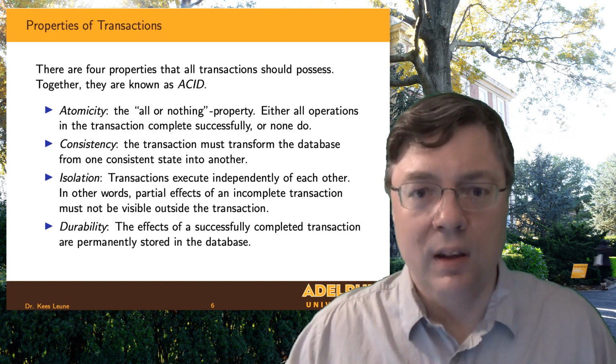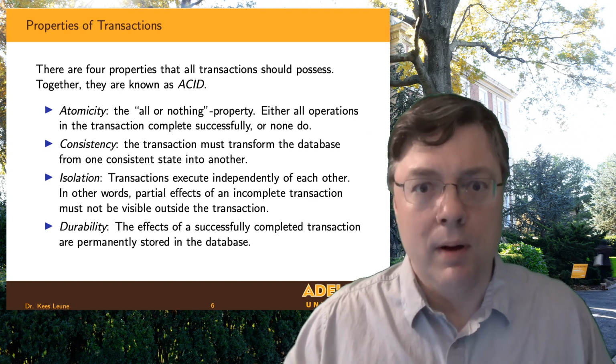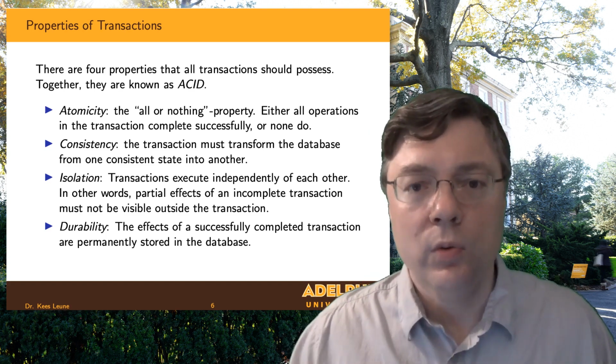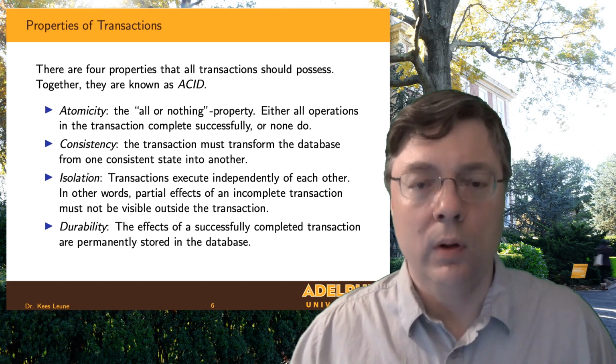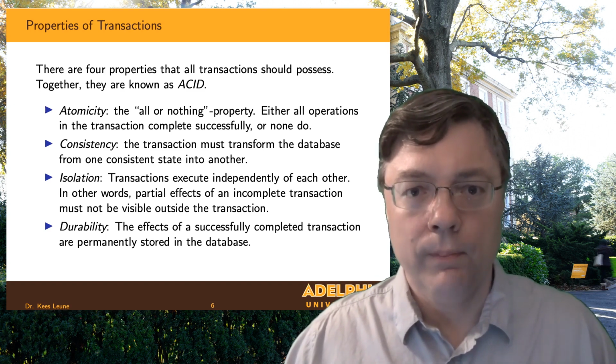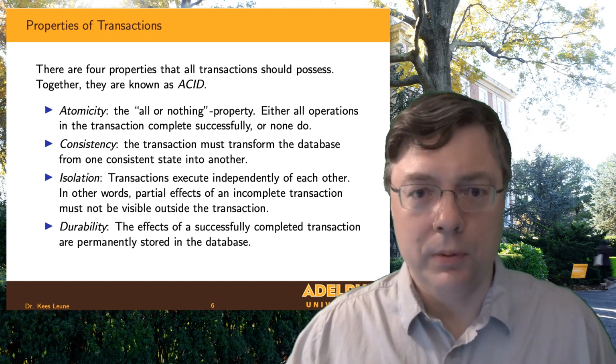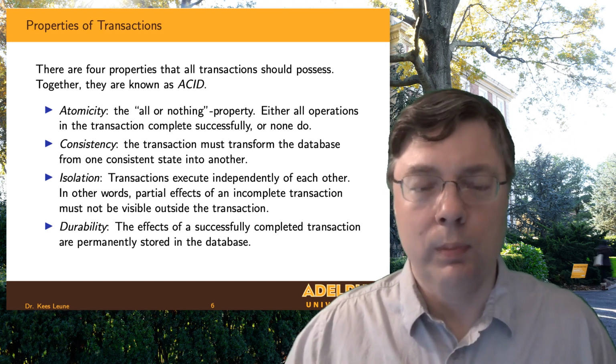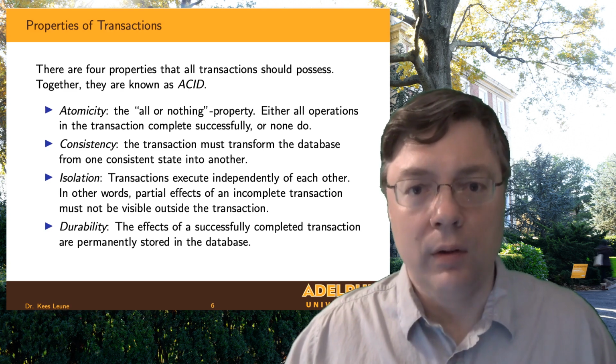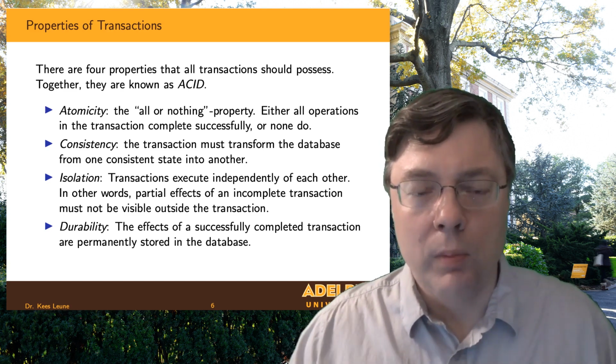For me, when I select from students, I will see my updated number. Anyone else who is not part of my transaction and who will at that point be querying the students table will still see the old number. That's the isolation property. Only when the commit completes successfully will everyone else see the accumulation of all the changes.